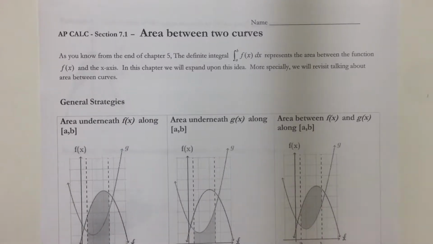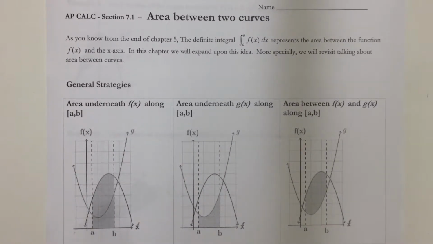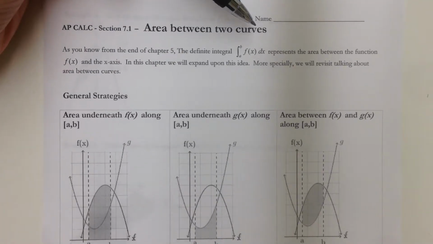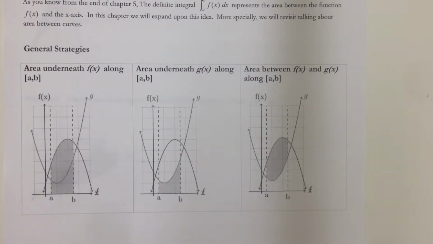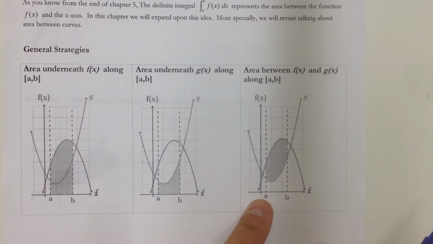In today's lesson, we are interested in developing an integral to find the area that is squeezed between two curves. More specifically, this is an example of what we're trying to accomplish here. Look at this example and notice that there are two curves.